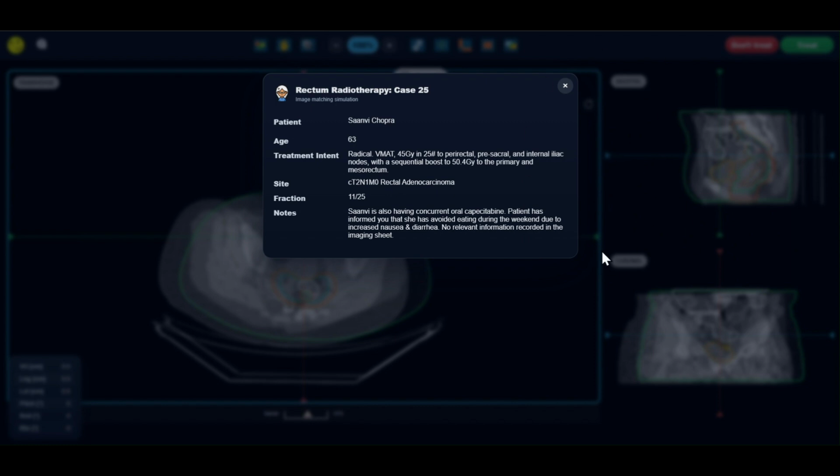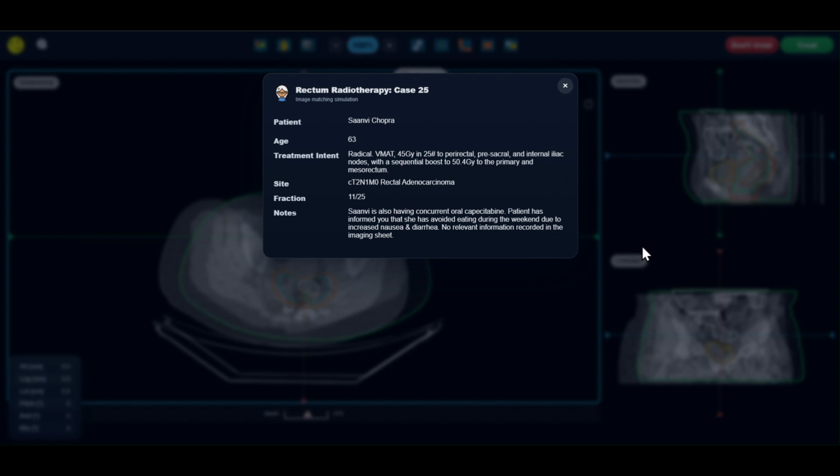If they're on the second fraction, we do not expect the side effects of the radiotherapy to kick in just yet. So you may ask your patient what other treatments they are having, or any other issues or medical conditions that we're not aware of. We need to ask these questions, but you wouldn't be able to ask them effectively unless you know what fraction they're in.